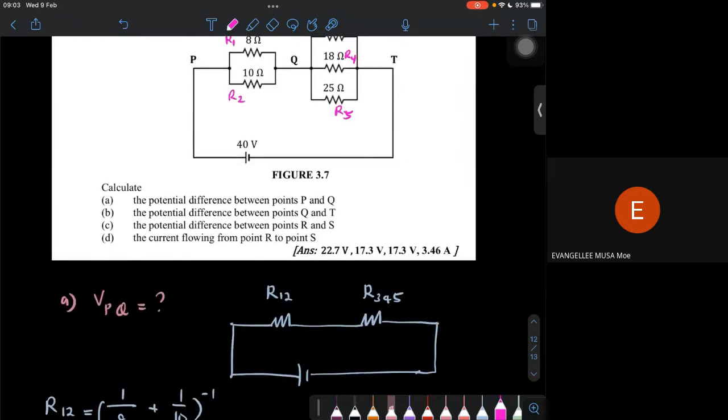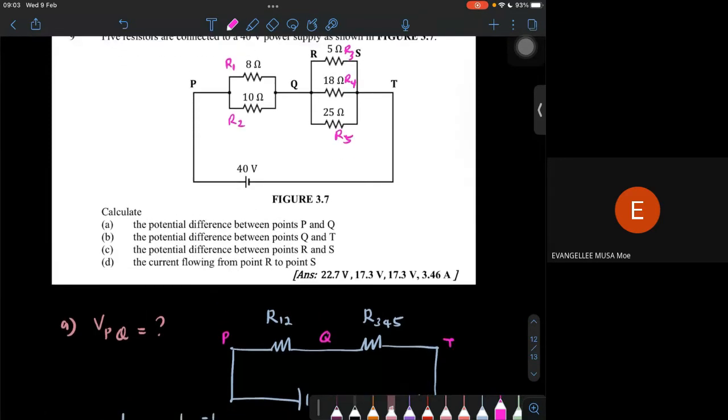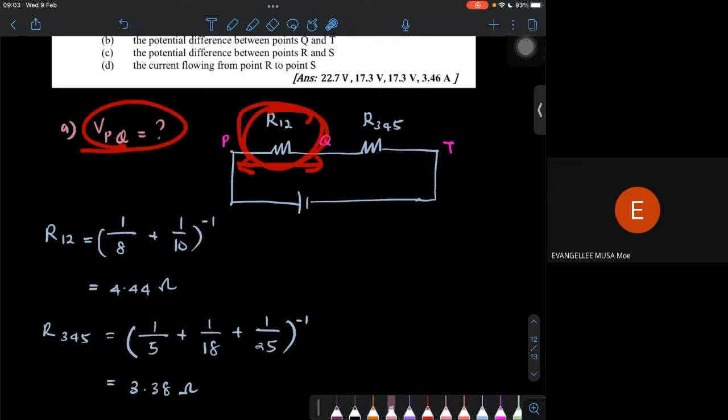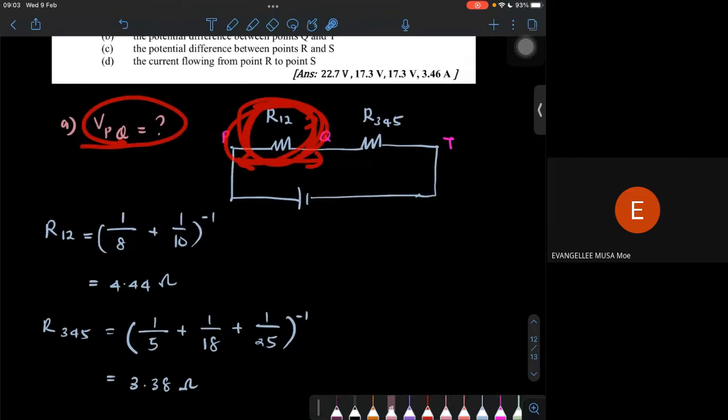And then sini point P, this one Q in between. Then dekat sini adalah point T. Because we want to find VPQ, right? The potential difference between point P and Q. So meaning that we want to find the voltage at this specific resistance.